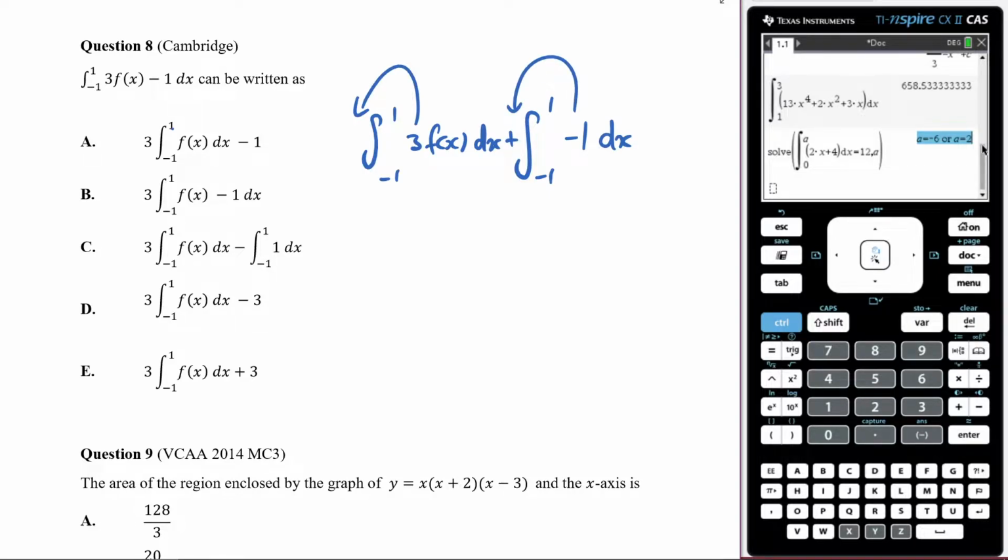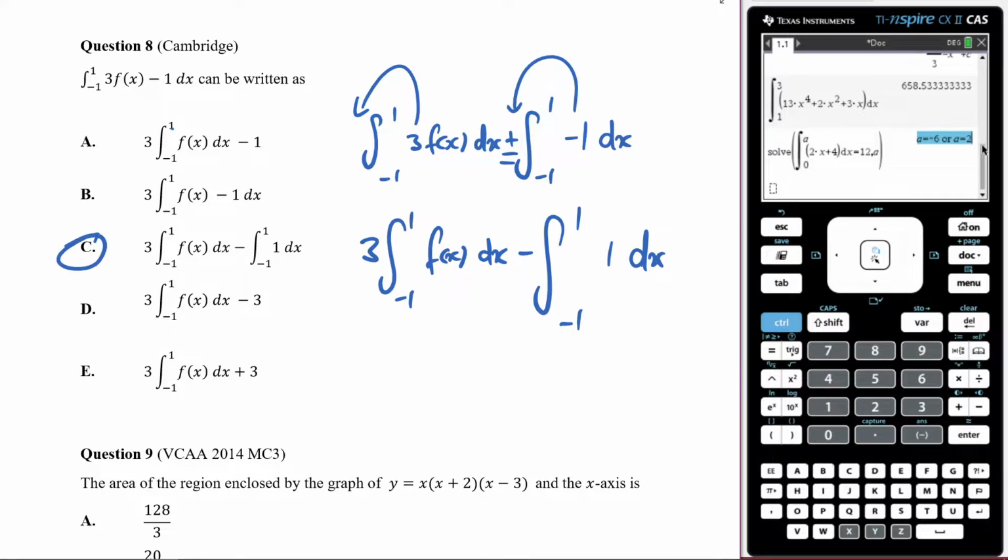Here it looks like they've taken out a negative, okay? So that means it's going to be 3, 1 to -1, f of x dx. And then now this positive will become a negative 1. That means that my answer will be a C. Hopefully you were successful with that.